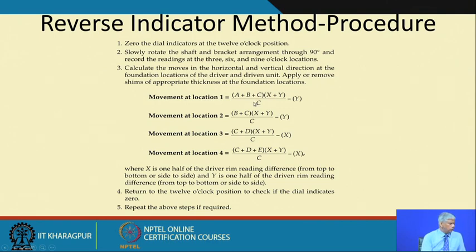So we can measure the movement at locations y 1, 2, 3, 4, where x is 1/2 of the driver rim reading difference from top to bottom or side to side, and y is 1/2 of the driven rim reading difference from top to bottom or side to side. Return to the 12 o'clock position to check if the dial indicates 0. Repeat the above steps if required.